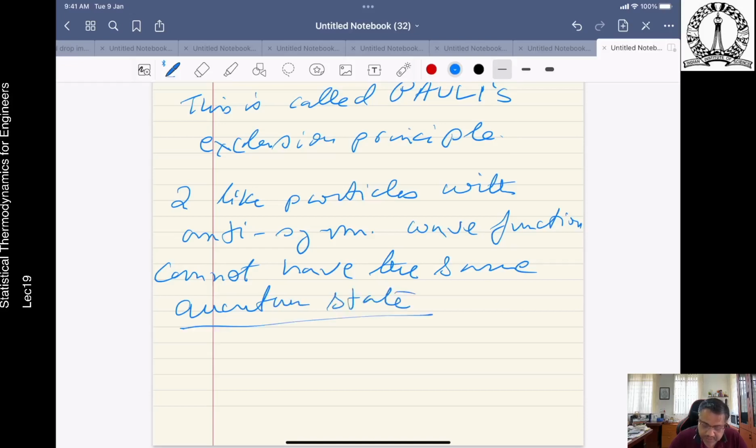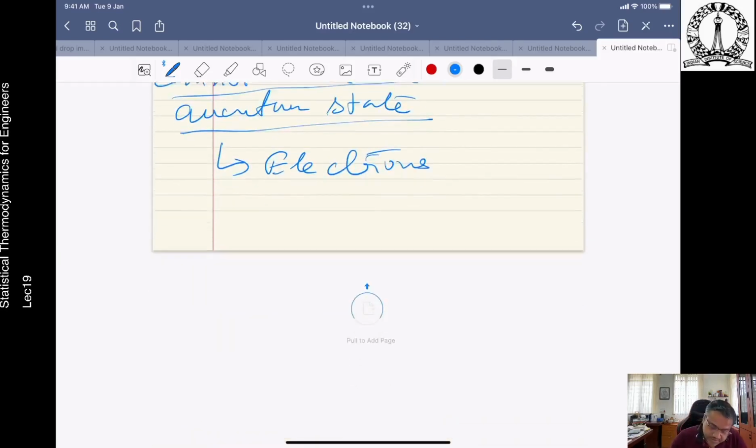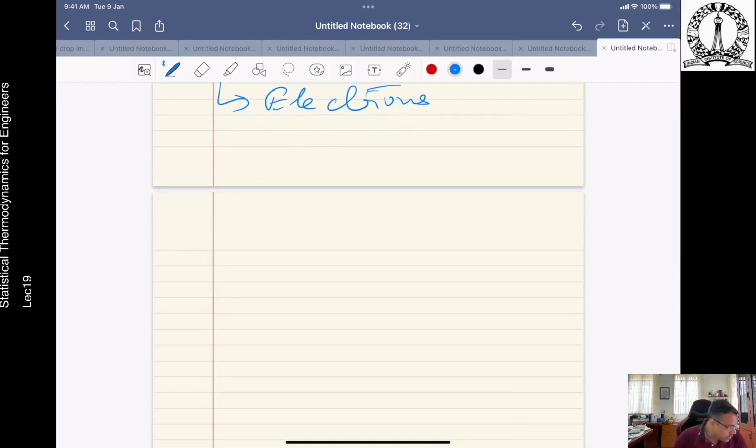You probably read this in your 12th standard and your undergraduate. So this is essentially what it means. Electrons are such particles, because they have anti-symmetric wave functions. Therefore, they cannot have the same quantum state. And we will see how the spin and other quantum numbers come naturally out of this.